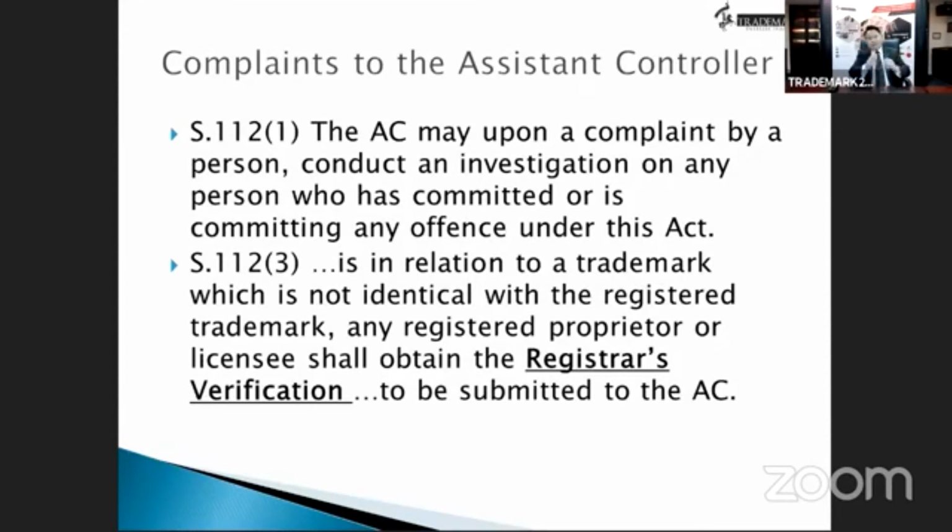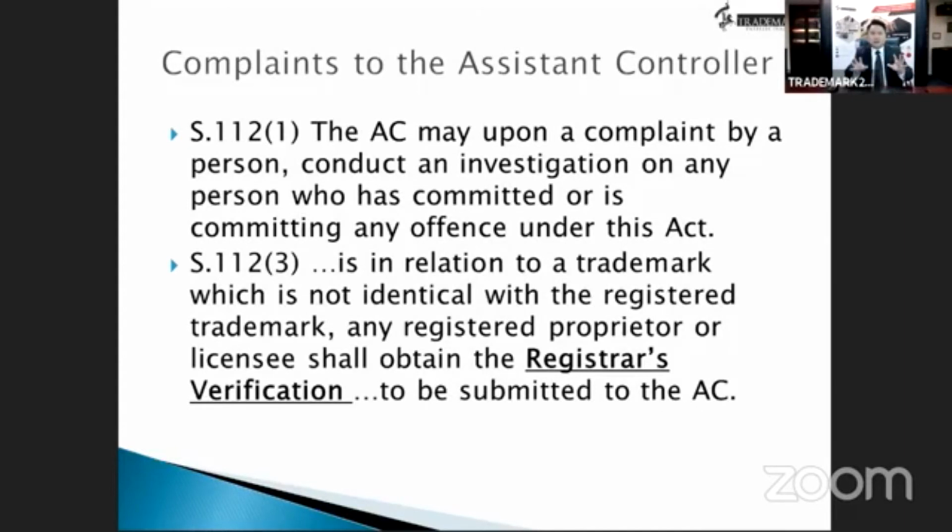Now you see, in those days under the TDA, the old Act, there was no provision for enforcement like this. So the complainant must first get an order from the court or the sessions court, the TDO order, the trade description order, where there are similar trademark infringements that are not identical.